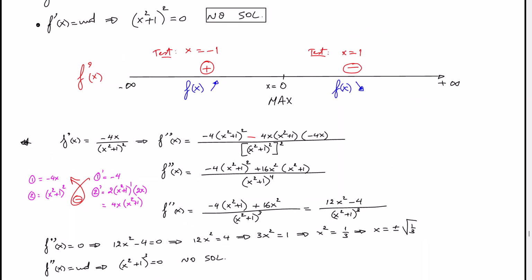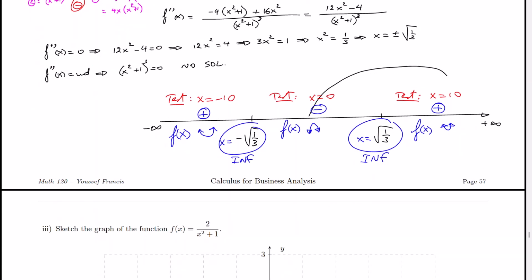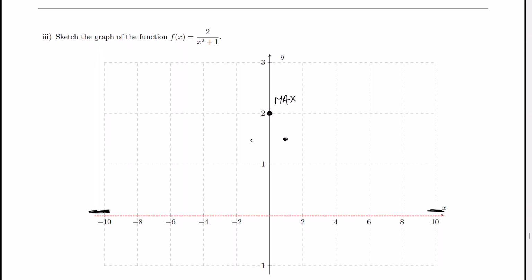So from the maximum, it has to decrease. And how does it do it? It does it first by being concave down, then by being concave up. So in other terms, from the inflection point to the inflection point, I have to be concave down. That kind of makes sense. We're crossing from the inflection point to the other inflection point, going through the maximum in a concave down way.